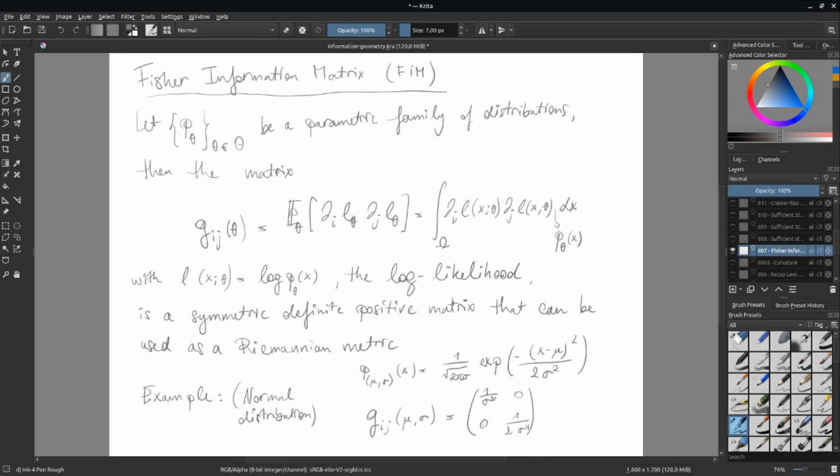We could parameterize it by mu and sigma, or maybe mu and sigma squared. There might be confusion in the reading about the exact parameterization, so there might be mistakes either in here or in the reading. I'm not sure which. So let's say I parameterize my normal distribution by the mean mu and by the variance sigma squared.